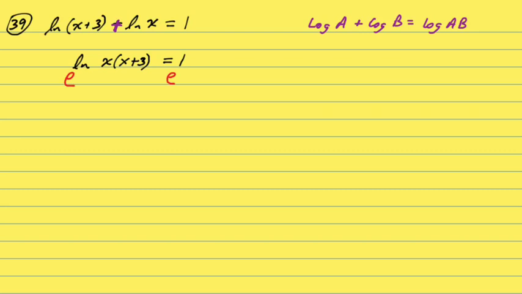When I say e, it's e raised to that power. Again, e and natural log will eliminate each other, giving me x squared plus 3x equals e to the first, which is e. So that gives me x squared plus 3x minus e equals 0.